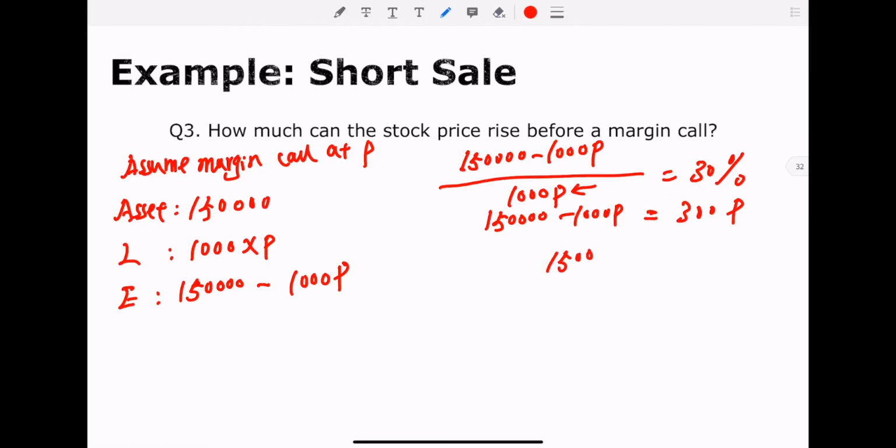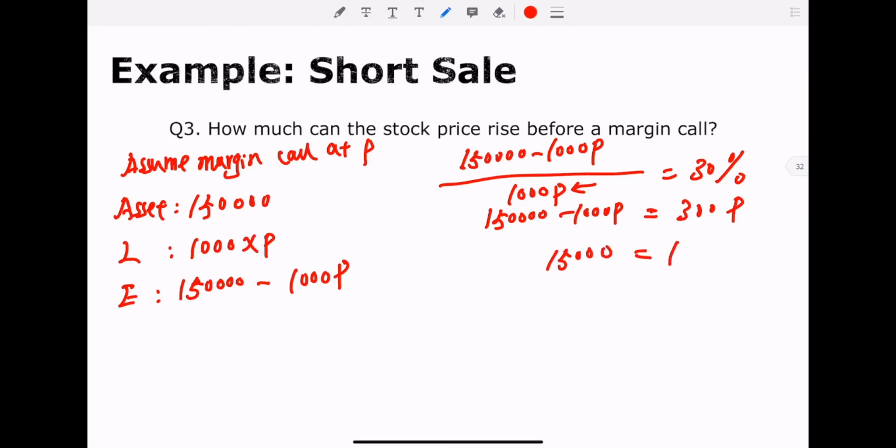So this becomes 1300p. So p equals 150,000 divided by 1300.